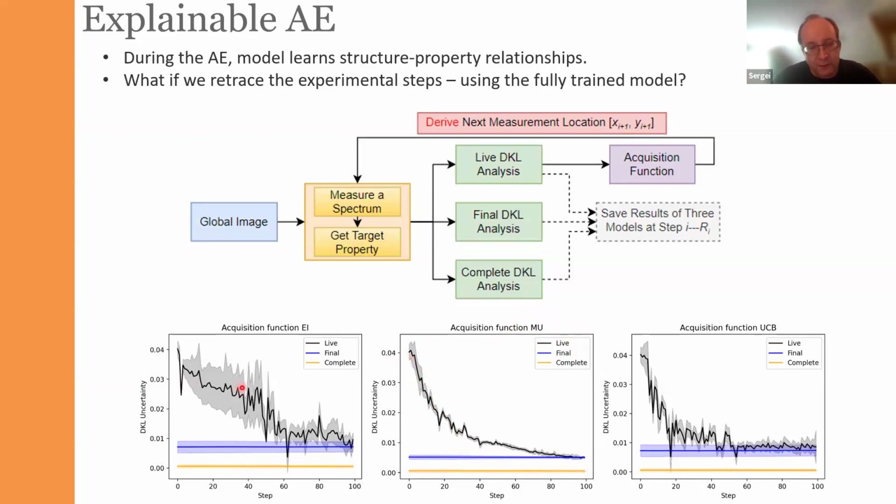So comparatively, look at this acquisition function. So this is expected improvement. Expected improvement is actually a fairly greedy function. So as the result, two things happen. First of all, the predictive uncertainty across image patches is fairly broad. So what does it mean?